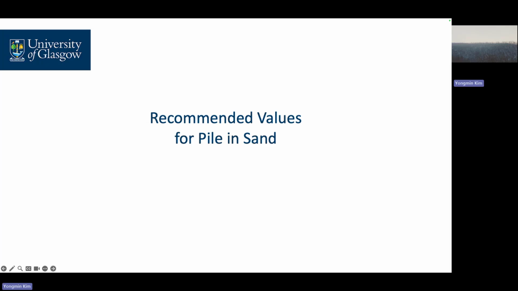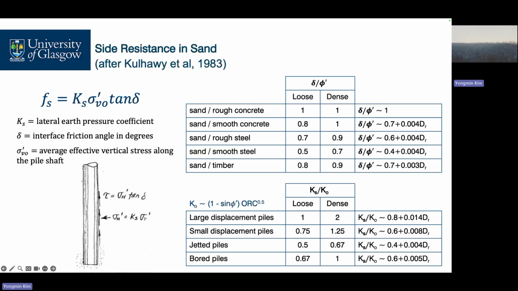So what are the recommended values? Yes, we sometimes use the Kulhawy method: skin friction, Ks the lateral pressure coefficient, vertical effective stress, delta is the interface friction roughness. How do we derive such relationships? It can be obtained from whether it is sand on rough concrete, loose sand or dense sand, and whether it is a displacement pile, bored pile or jetted pile, according to our project site's given conditions.